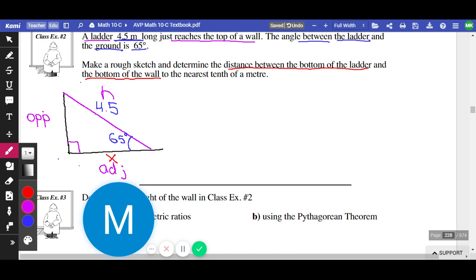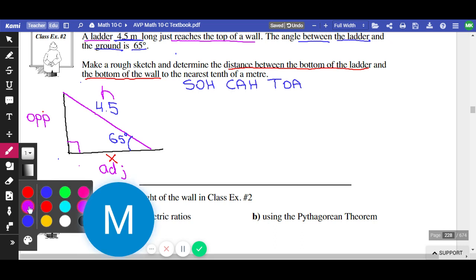Now that I've labeled my triangle, I'm going to write out Sohcahtoa. Sohcahtoa is a checklist. It allows me to choose the proper ratio. I put a check mark underneath S, B, and T. Those are my free spaces, like bingo.